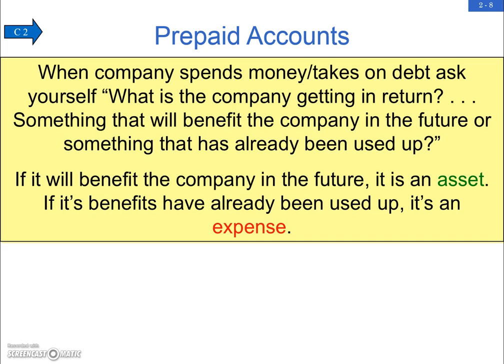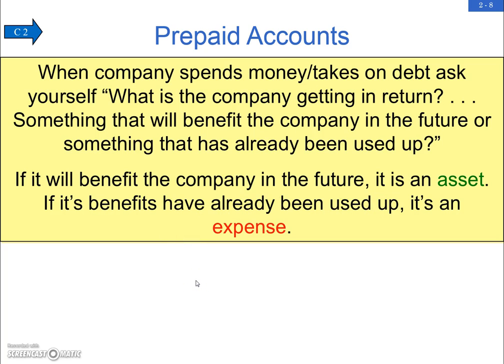Now the electricity company owes us $9,000 worth of electricity. And as we use up that electricity, we would then take an expense. So in the first month when we purchase it, $9,000 cash would have gone down, but we gained ourselves an asset. And we'll talk about how we incur the expense later. But for now, keep that in mind, okay?